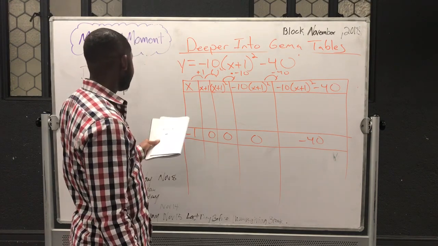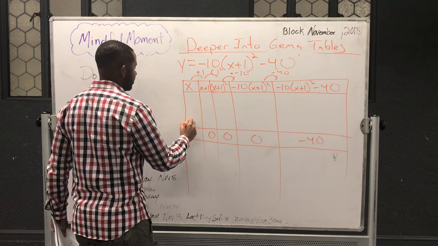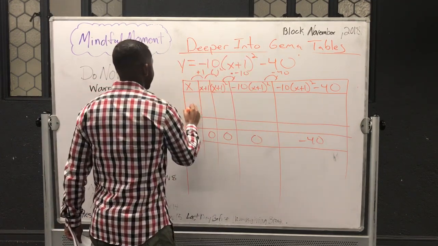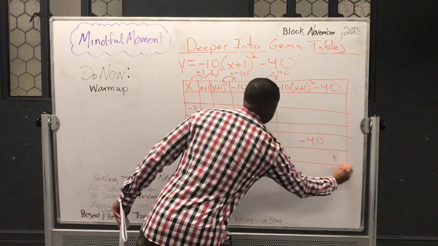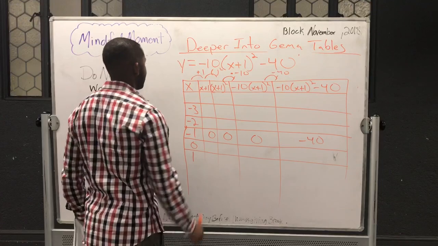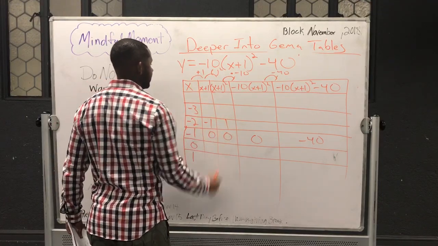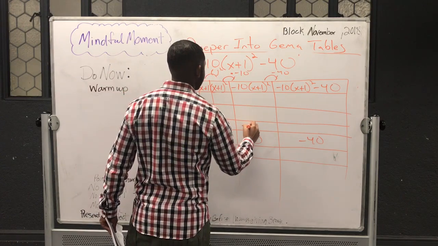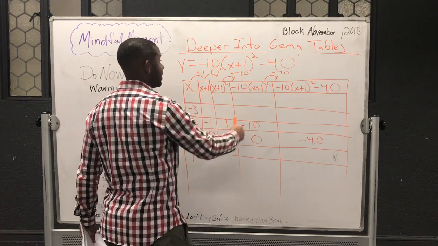All right? Now, let's start moving around this. Let's find our symmetry. So negative 1, negative 2, negative 3. And then we got 0 and 1. Negative 2 plus 1 is negative 1. Negative 1 squared is 1. 1 times negative 10 is negative 10.